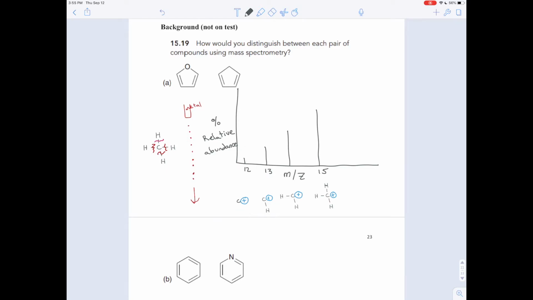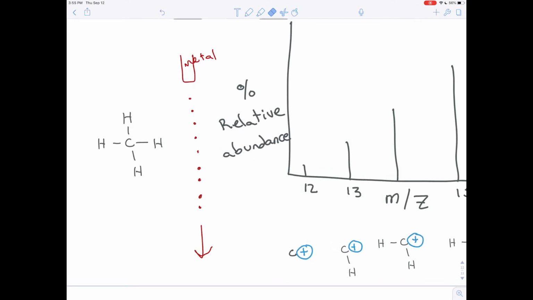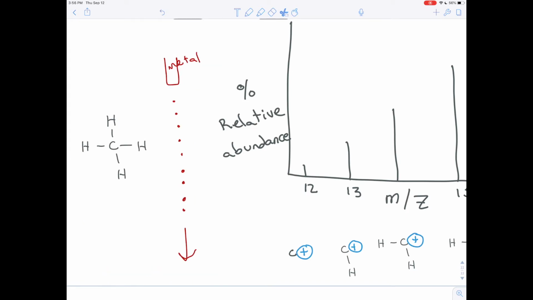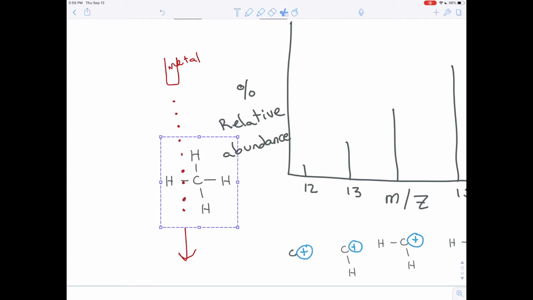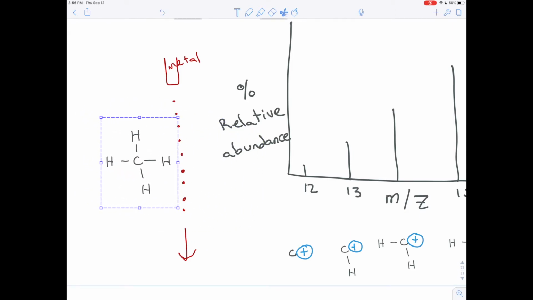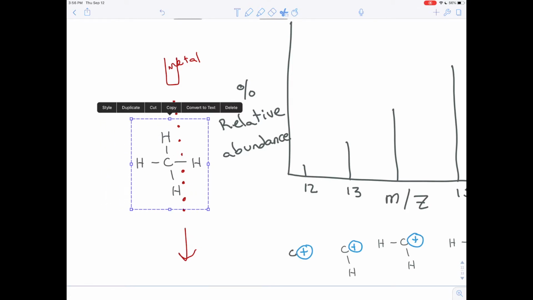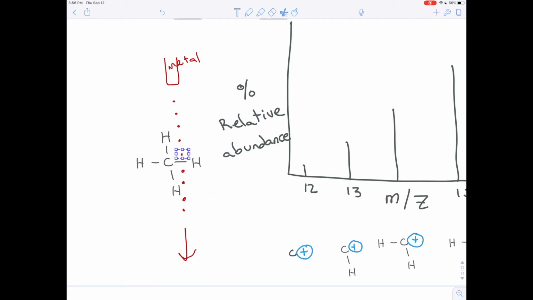All right, let's go back to our example of the methane molecule traveling through this stream of electrons. When this travels through this stream of electrons, something very special can happen. Instead of an atom getting kicked off, one of these electrons might hit the bond.